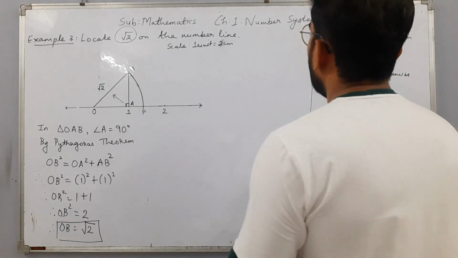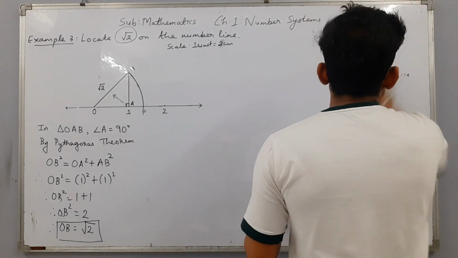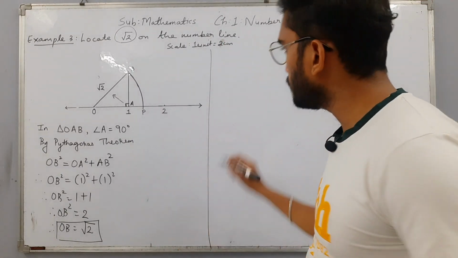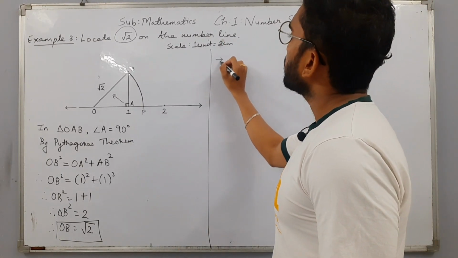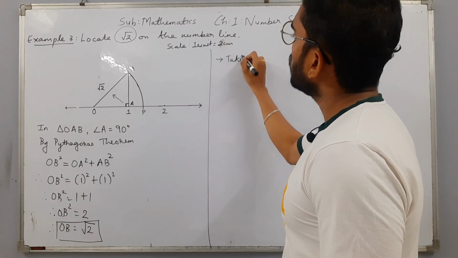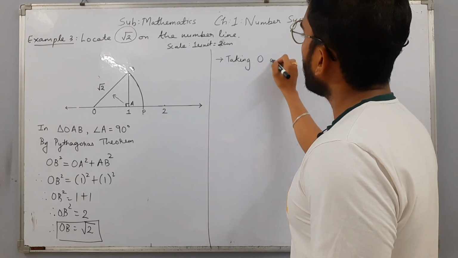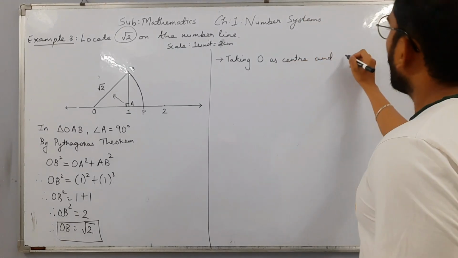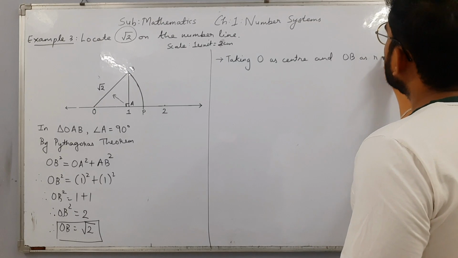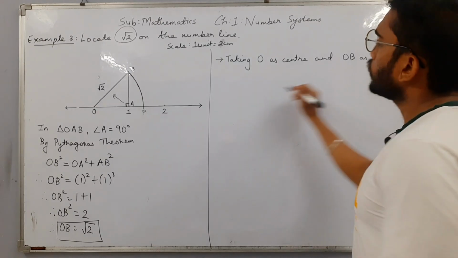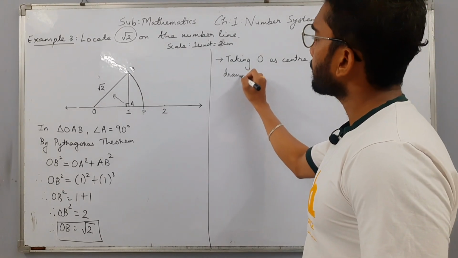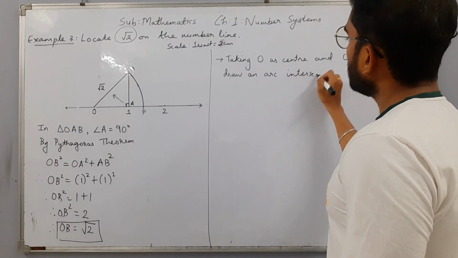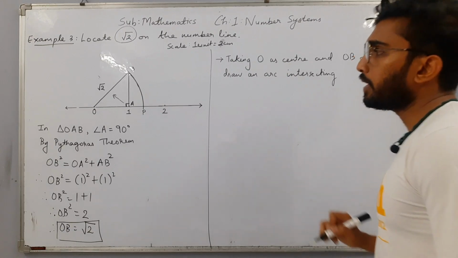Okay, now we'll write here the step that we did: taking O as center and OB as radius, draw an arc intersecting what, my dear students?